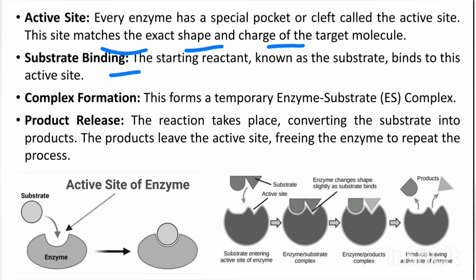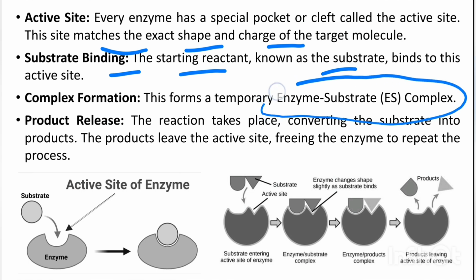Then substrate binding. The starting reactant is known as substrate. Enzyme first binds with the substrate, then converts it into the product. Then complex formation. After attachment, the enzyme and the specific substrate form an enzyme-substrate complex. Then product release.